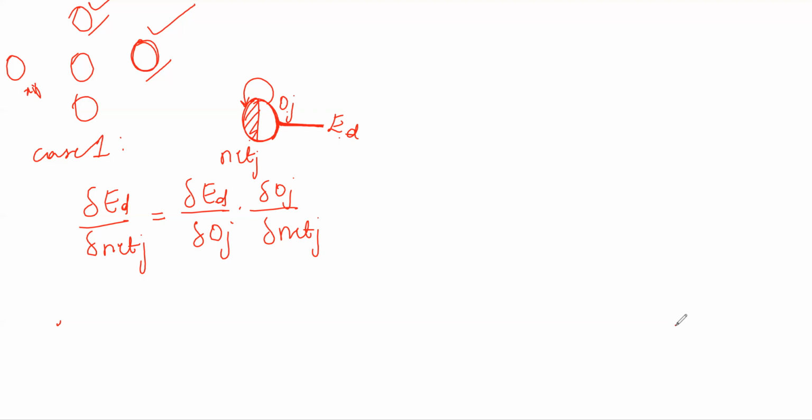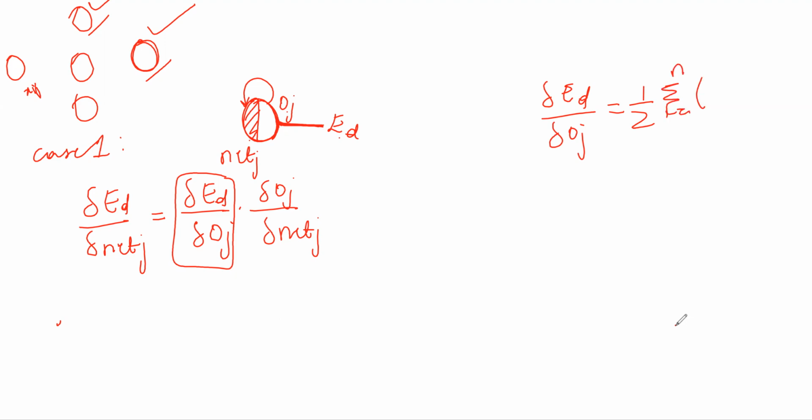Now what do I do? The first thing I already know is this one. What is that? Delta ED with respect to delta OJ, where my loss function is 1 by 2 into summation of k equal to 1 to n of (Tk minus Ok) the whole square.